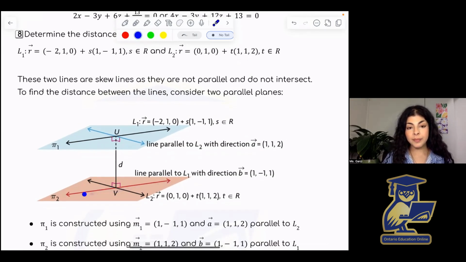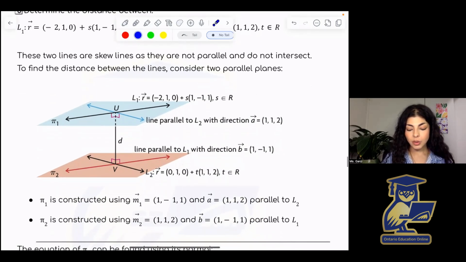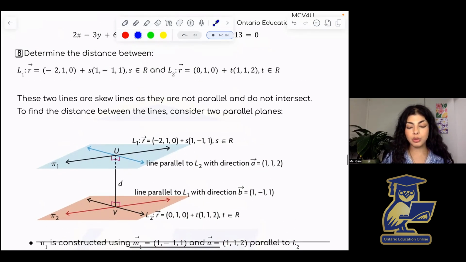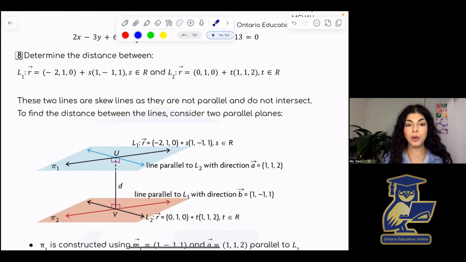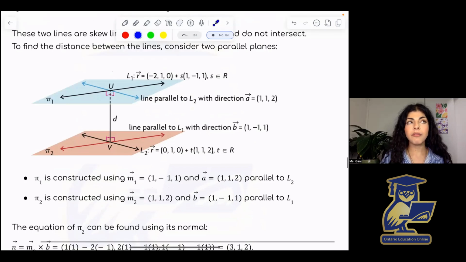Similarly, for L2, I use the direction vector of L1 to set up now another plane. And so I have now two planes. So when you're finding the distance between two lines, pretty much you form two planes using their direction vectors, and you will find the distance between these two planes because now we just learned how to do that.